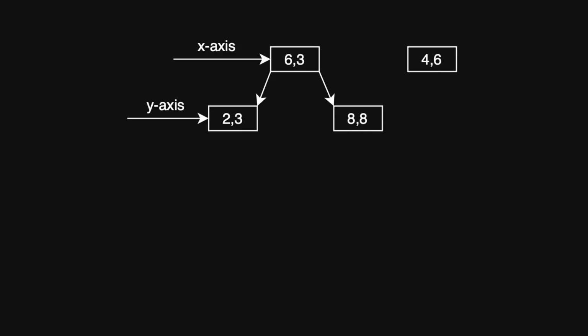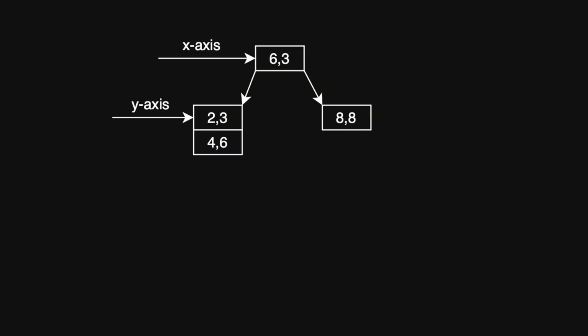We have another point, (4, 6). As per our algorithm, we split along the x-axis at the root, so we compare the x dimension, 6 with 4. We go to the left side.